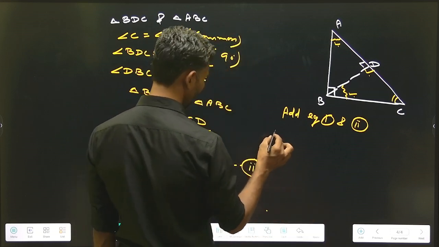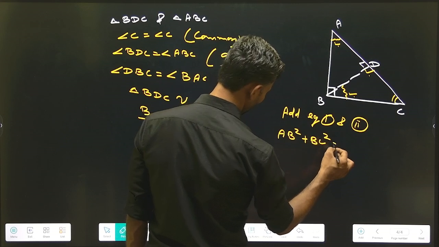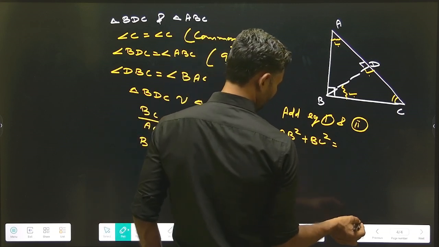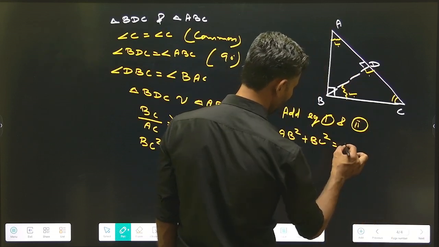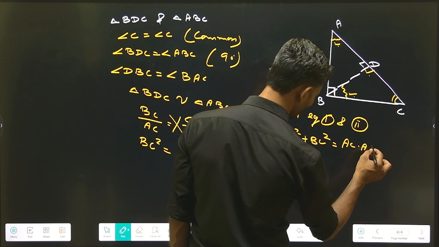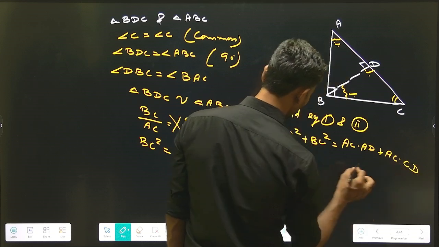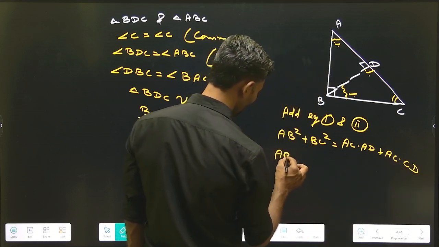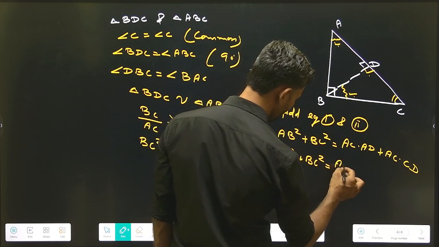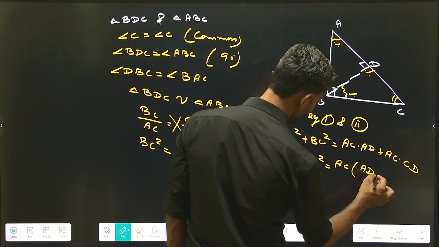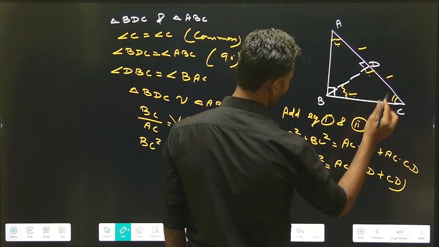So we can say that AB square plus BC square equals AC into AD plus AC into CD. AC is common, students, so we can say AB square plus BC square equals AC into AD plus CD, and we already know that AD plus CD equals AC.